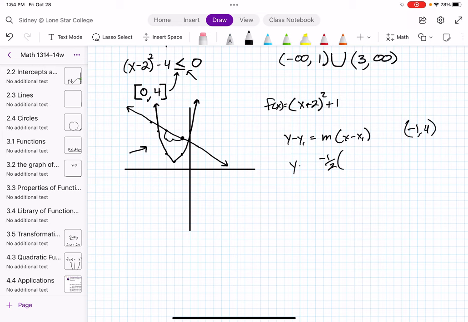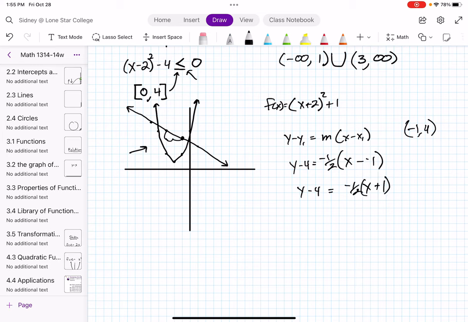And if I use those, I get y minus 4 equals -1/2 times x minus -1. So y minus 4 equals -1/2 times, we'll combine those to say, x plus 1.